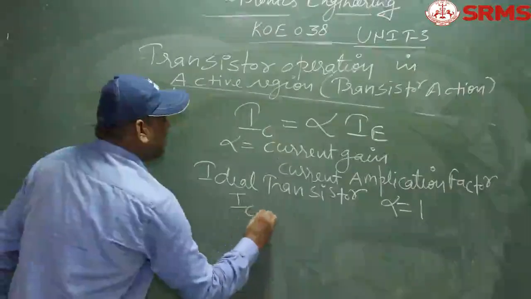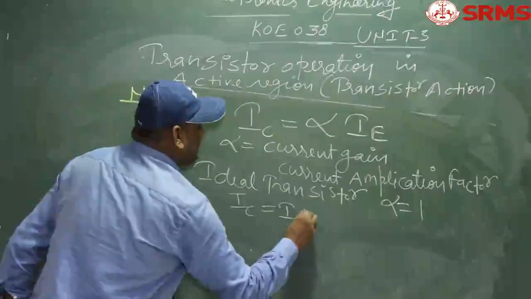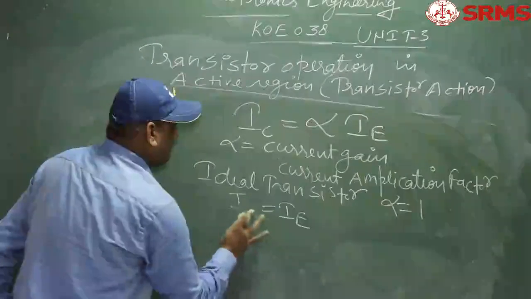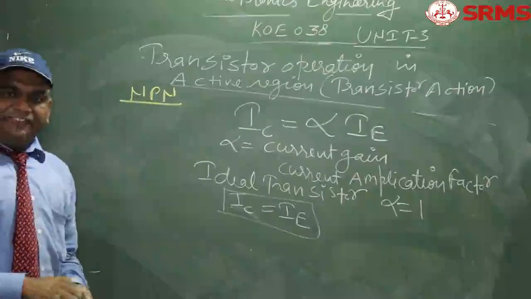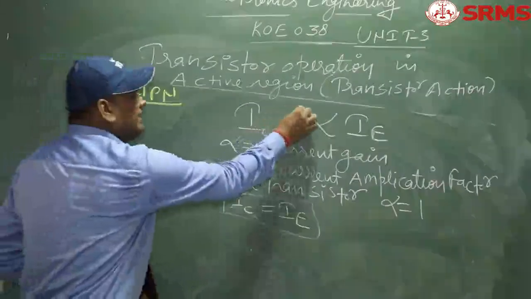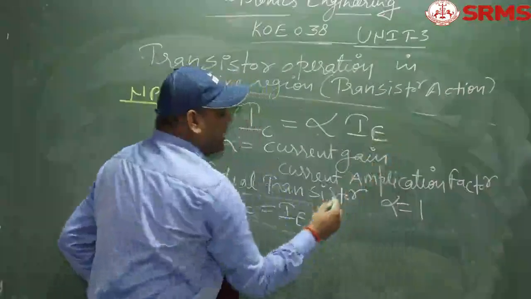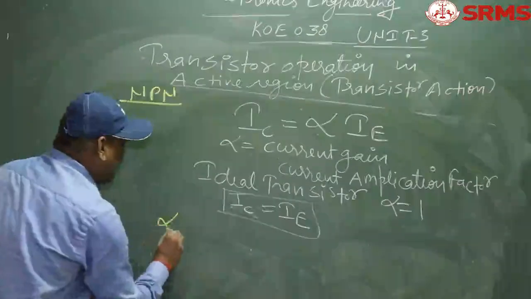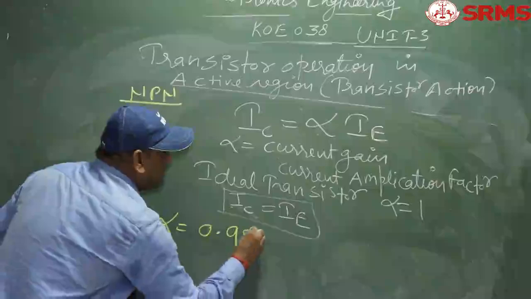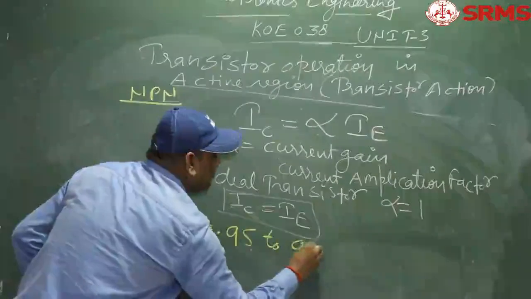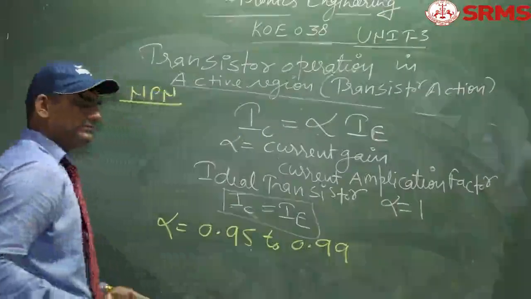That means IC is equal to IE for an ideal transistor. But if alpha is not equal to 1, IC is equal to alpha times IE, and here the value of alpha lies in the range of 0.95 to 0.99.